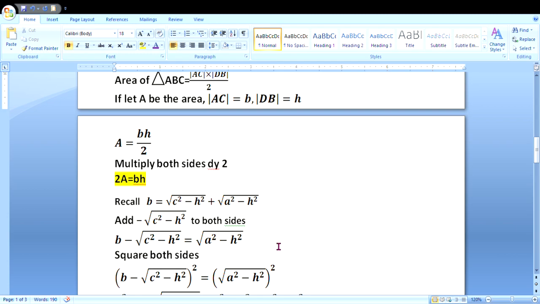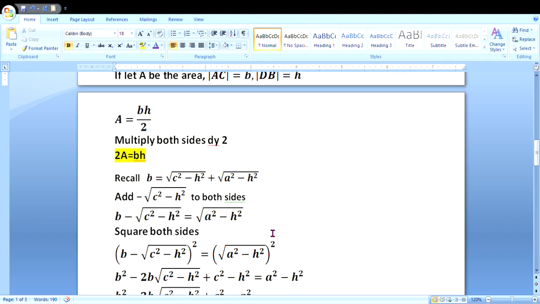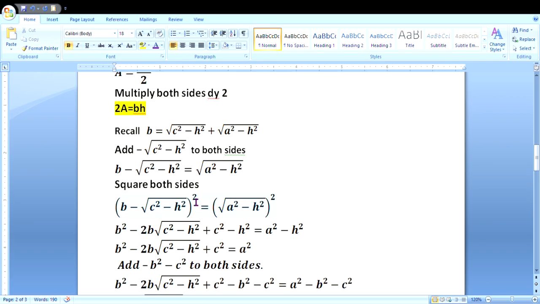All we're trying to do here is, as much as possible, to eliminate the height so that we can forge ahead. So we're going to square both sides of this expression. If we square both sides, the expression becomes (b minus the square root of c square minus h square) all square is equal to (the square root of a square minus h square) square.